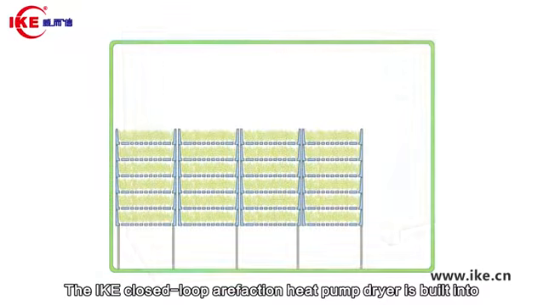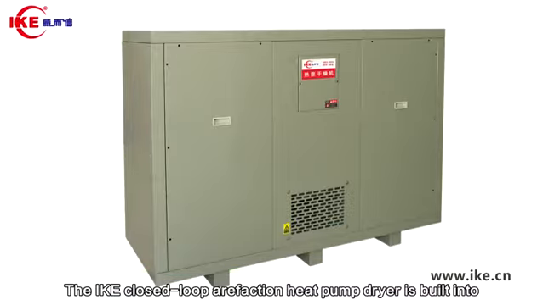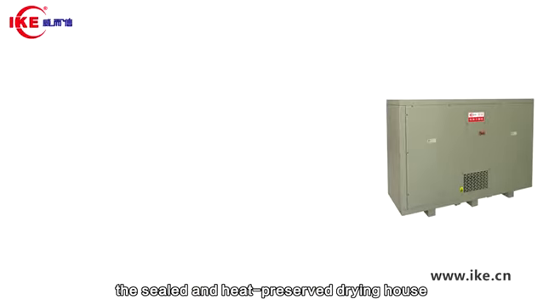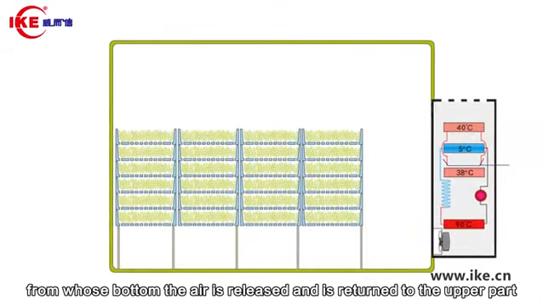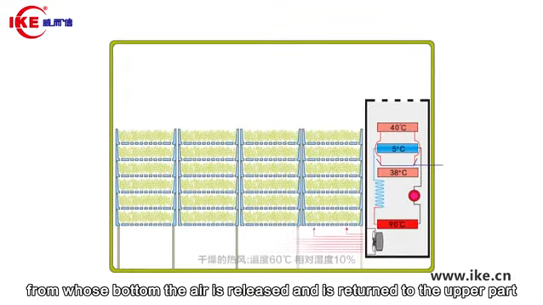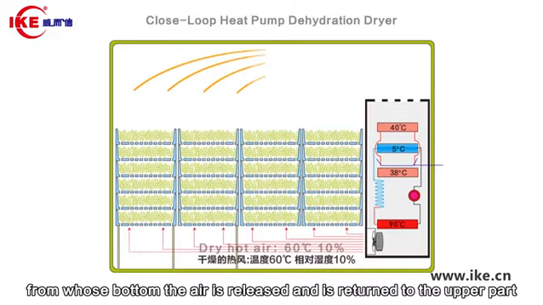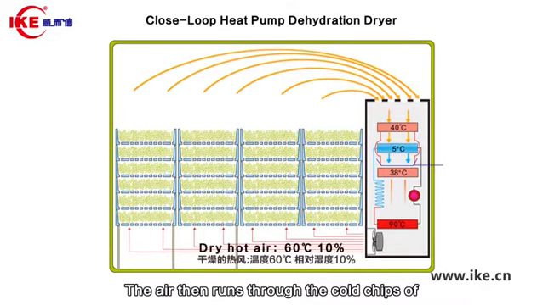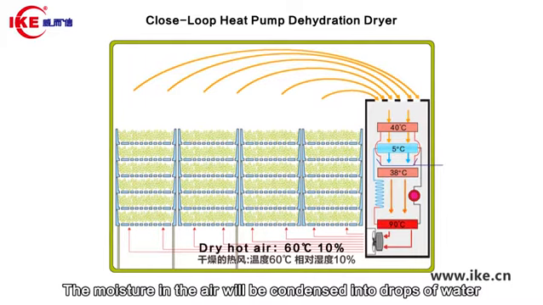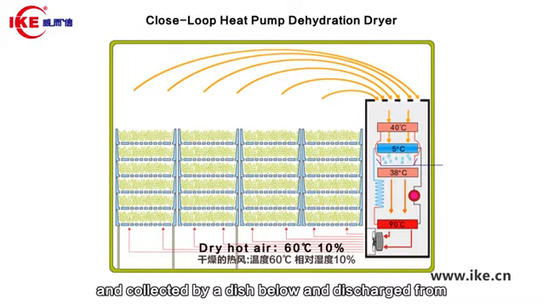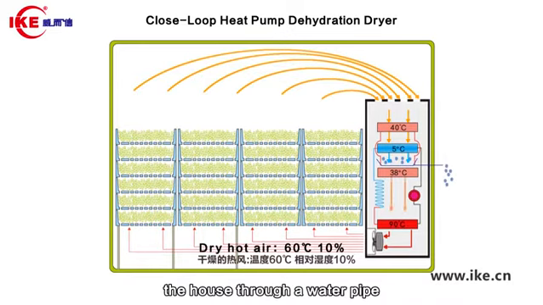The IKE closed-loop aerofaction heat pump dryer is built into a sealed and heat-preserved drying house, from whose bottom the air is released and is returned to the upper part. The air then runs through the cold chips at 5 degrees Celsius to get cooler. The moisture in the air will be condensed into drops of water and collected by a dish below and discharged from the house through a water pipe.